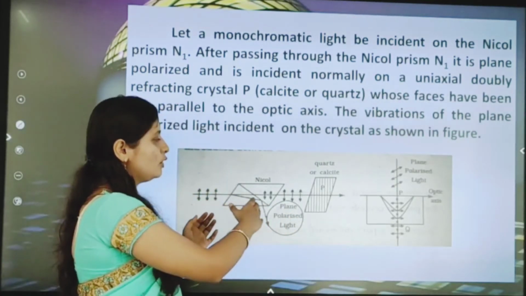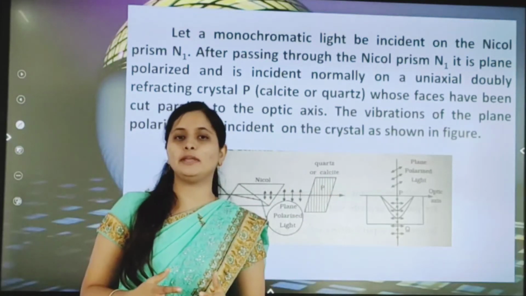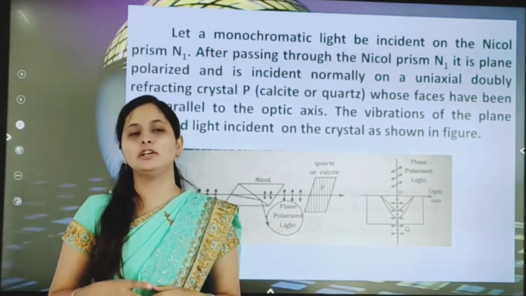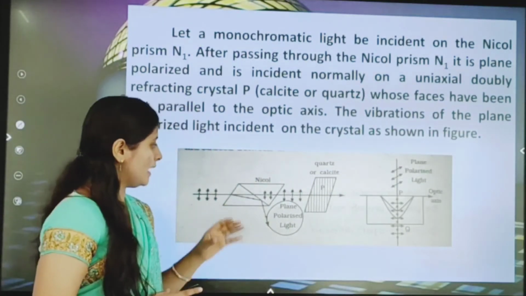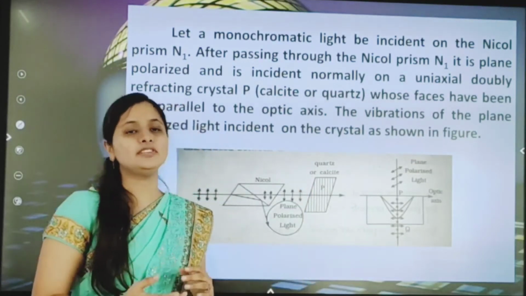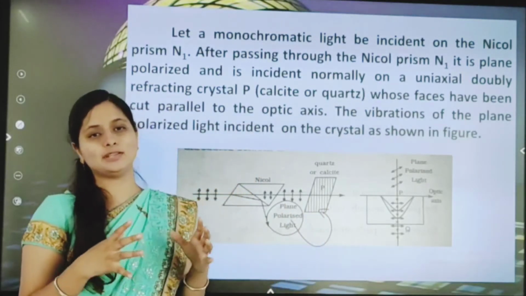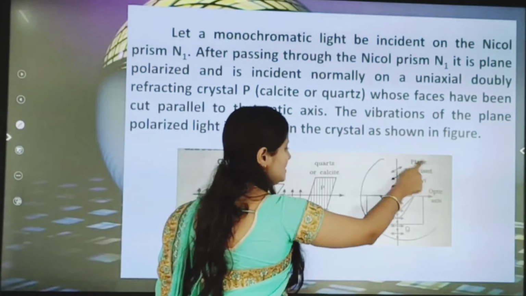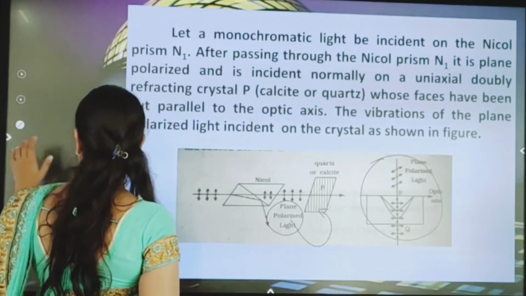Again that plane polarized light is incident on P. What is P? It is a doubly refracting uniaxial crystal, which may be quartz or calcite. The vibration taking place in P is shown by this diagram. Okay, we'll move to the next.